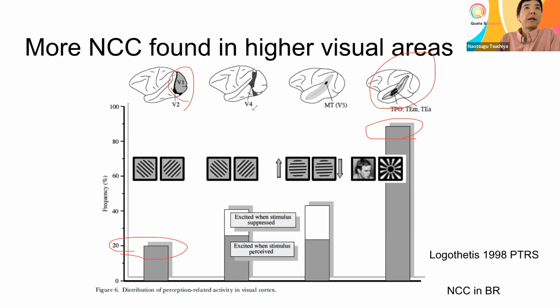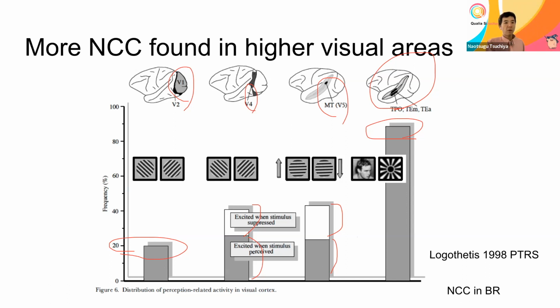But the intermediate areas, such as V4 and MT, have roughly 20% of neurons that correlate with the report, but also 20% of neurons that are anti-correlated with the reports. We don't know exactly what this means, but that's still the classical finding about binocular rivalry.